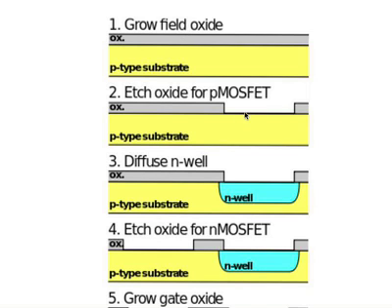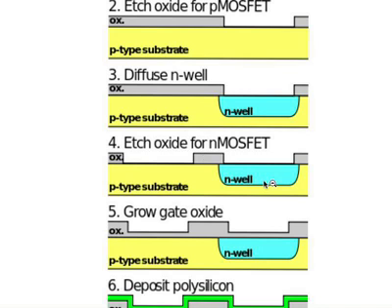Then you etch the oxide after lithography to define the MOSFET region, the source and the drain. So, in this case, we are creating the N well for the PMOS and the NMOS, so this is for CMOS, okay? So the way you do it is you open up a window and you diffuse, in this case, phosphorus, a donor. So you create a local region that's N-type in a P-type substrate, okay?